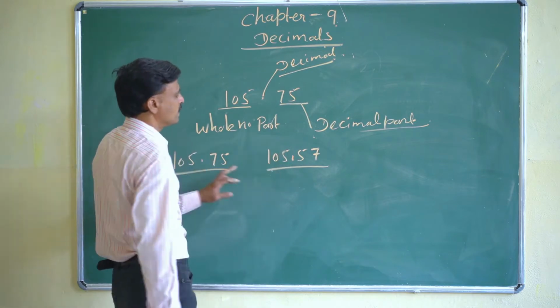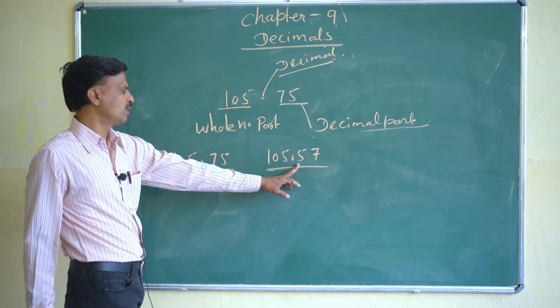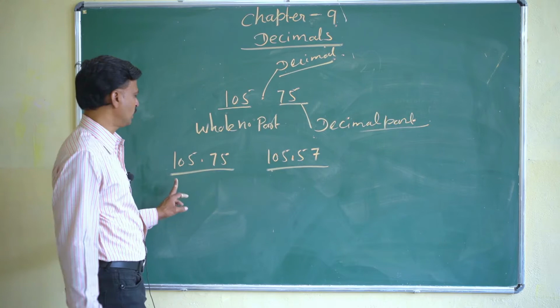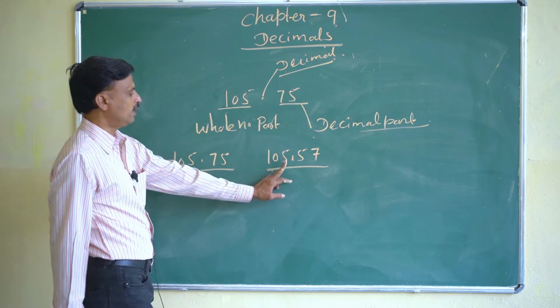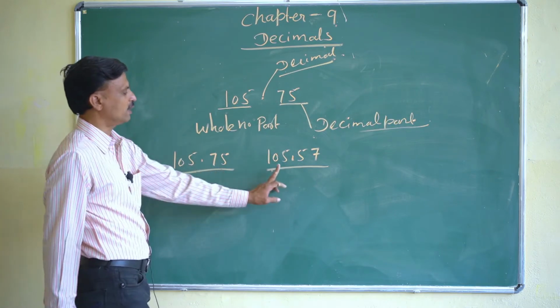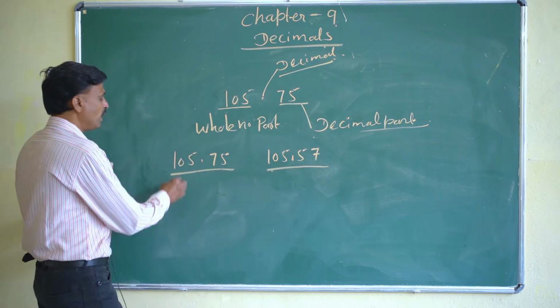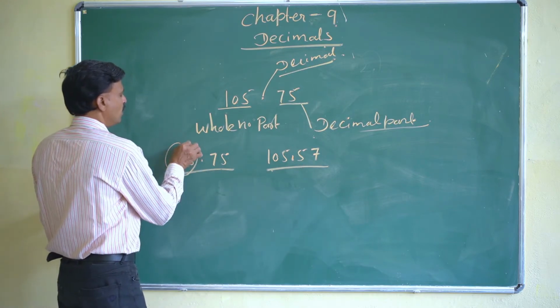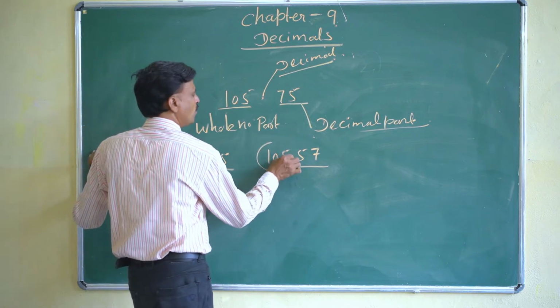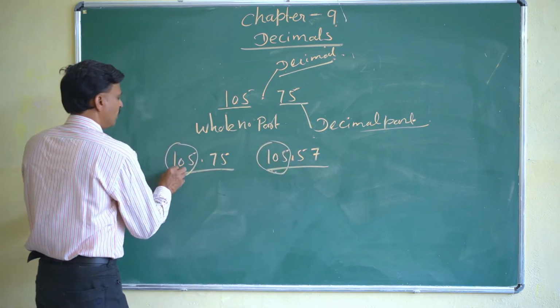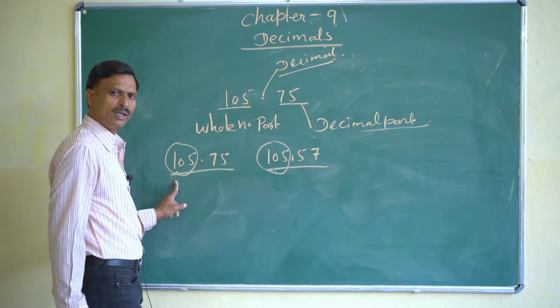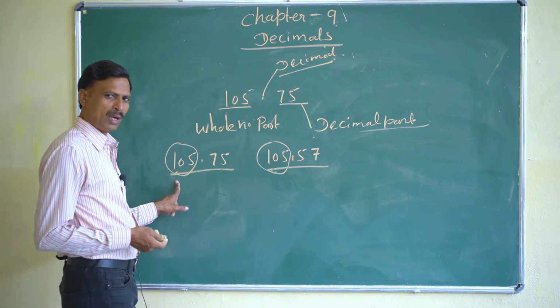Definitely we will say 105.75 is greater than 105.57. Why? Because we compare their whole number part first, and it is 105 and 105, so the whole number part is the same.